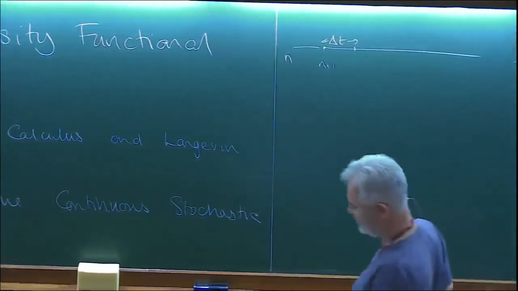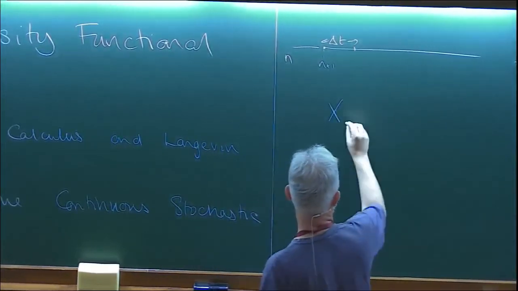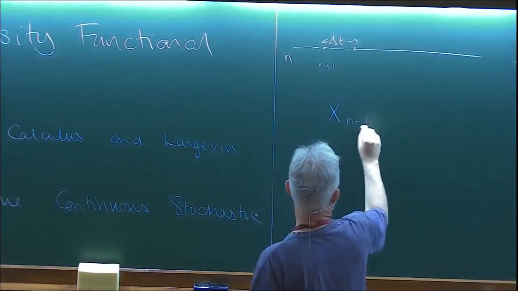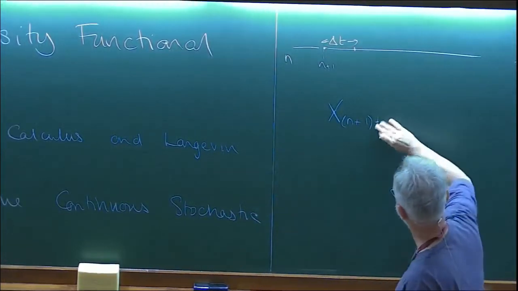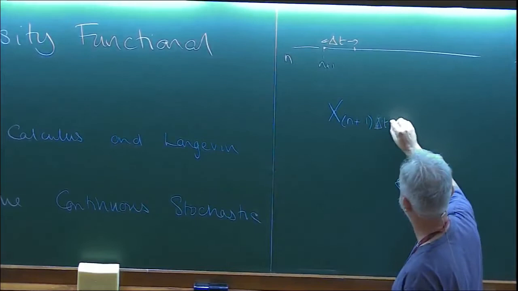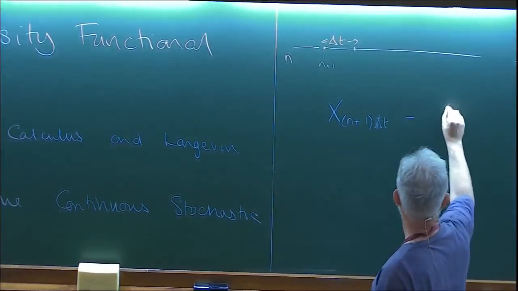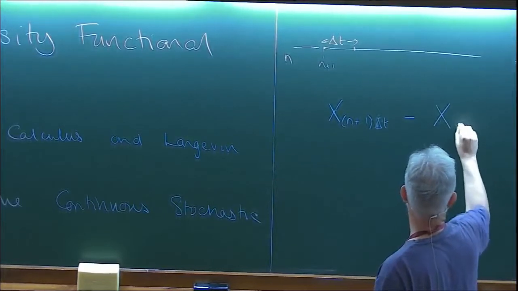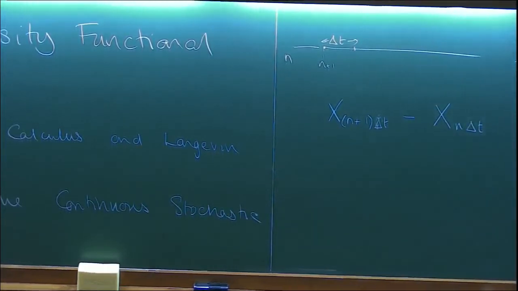Now if I want to write down a difference equation, as on a computer when you want to solve an equation, you have the process at time n plus 1 times delta t, so this is the step x n plus 1, minus the position at the earlier time, n delta t.